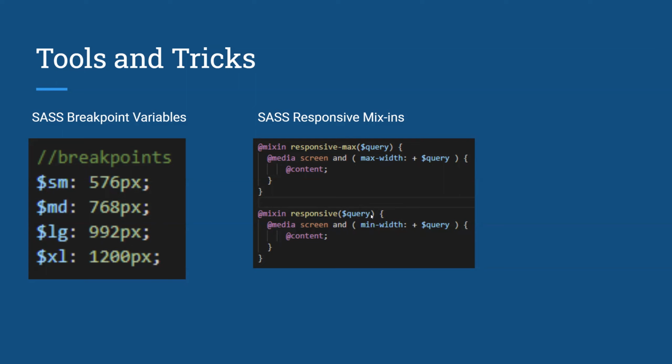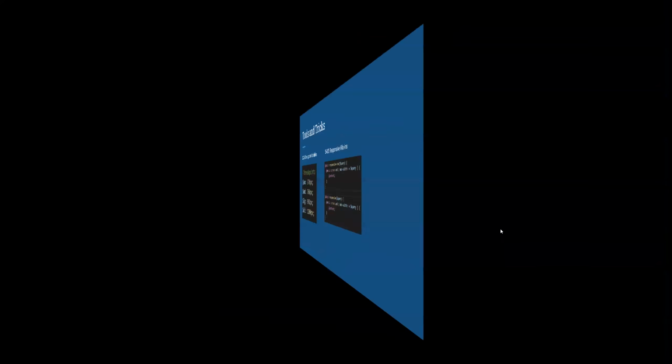And when your screen is at least that size, then the code that you put inside of this will apply. So that makes it very easy, because you can just define all the classes you need, and then inside of those classes, you just use this mixin and the screen size you're targeting and define the styles that apply to that screen size. Very useful.